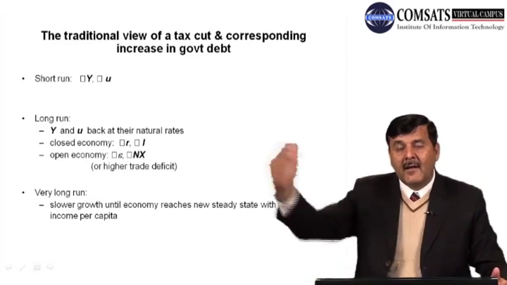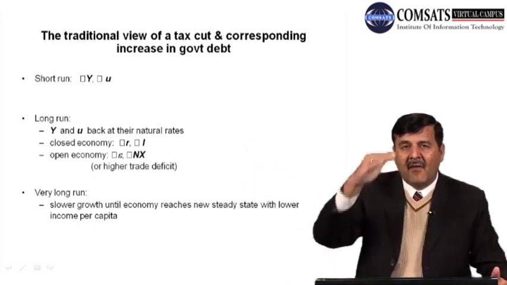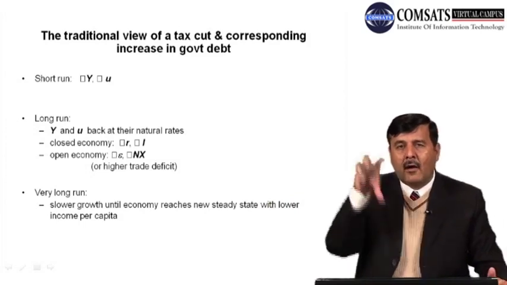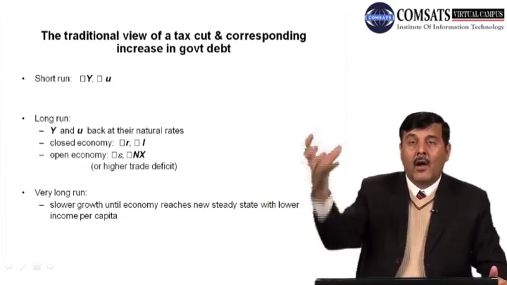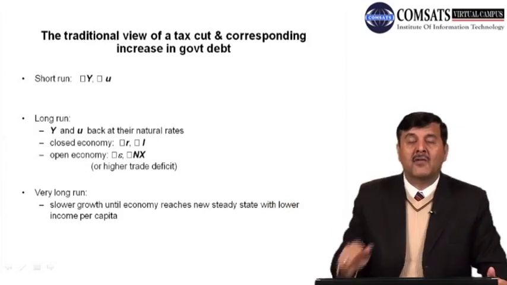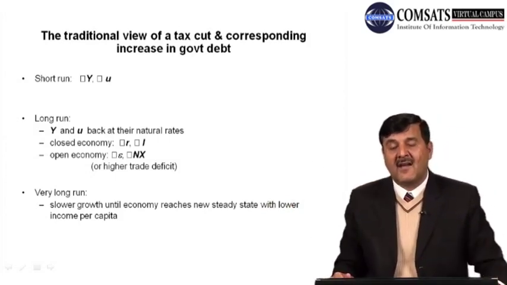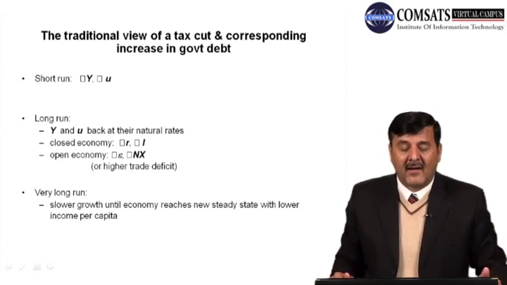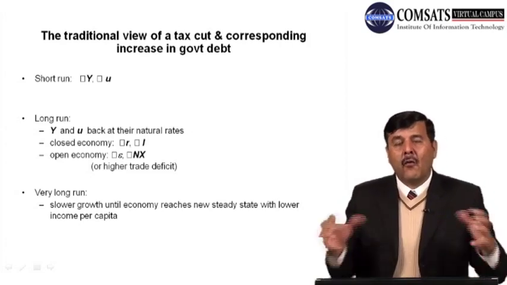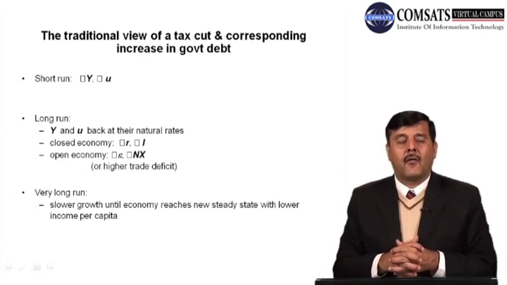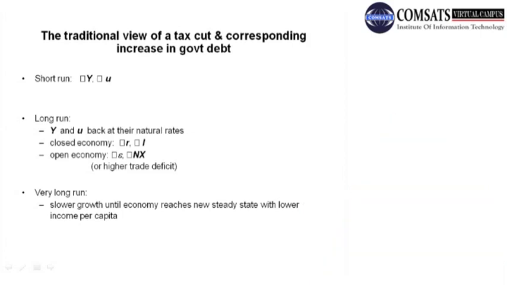So what will be the effect of this tax cut on the economy over a long period? According to the traditional view, there will be slow growth until the economy reaches the steady state with lower per capita income, right, so overall growth will decrease. This is what will be the effect of a tax cut as far as traditional economists are concerned, and we have discussed what will happen to the economy both in the short run and in the long run.